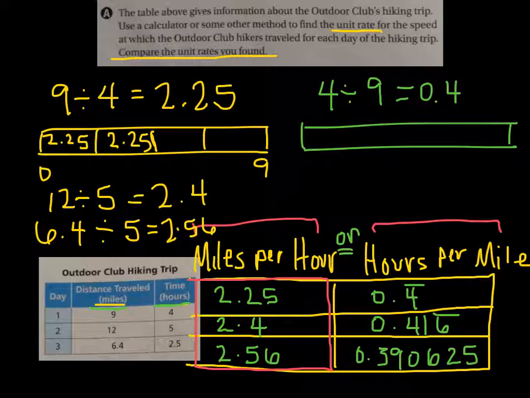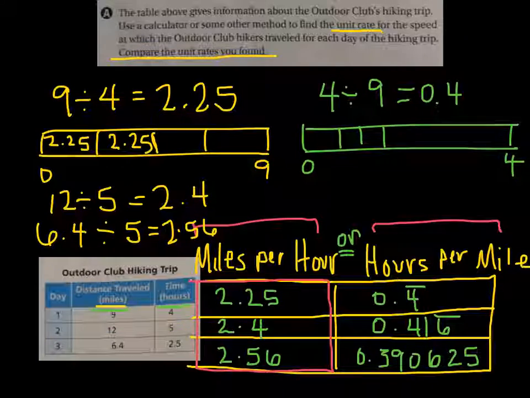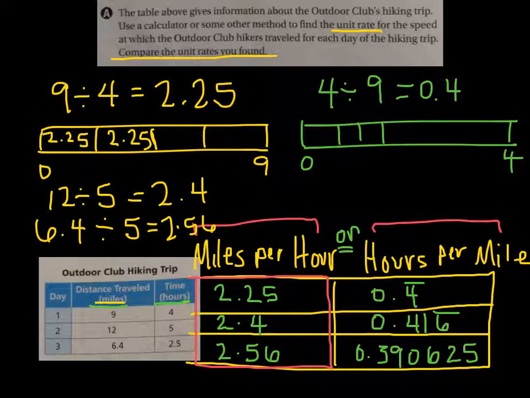Same thing here, except this time it's going 0 to 4, and we're dividing it into 9 pieces. And each one of these pieces is going to represent 0.4 in there.